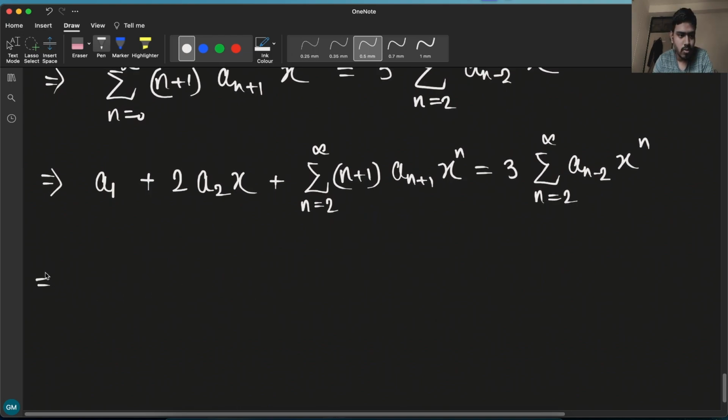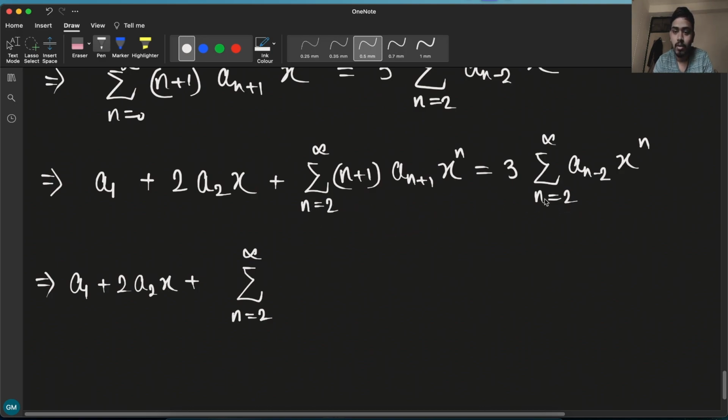So now what we can do is write a1 plus 2 a2 x plus, I can take this term to the left hand side, so it will be the summation n equals 2 to infinity. Both have the same range of summation index.